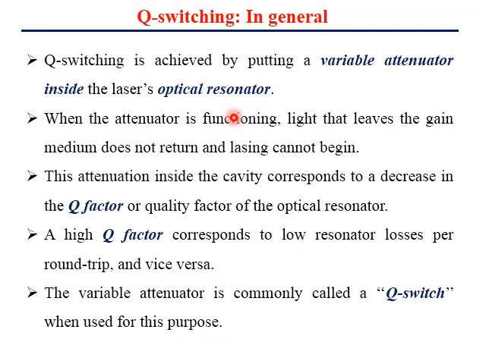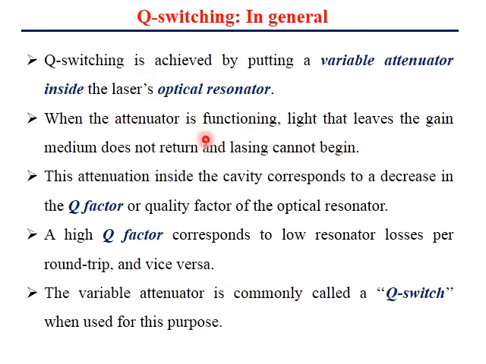Although there are different ways of obtaining a Q switched pulse, in general it is something like this. Q switching is achieved by putting a variable attenuator inside the laser's optical resonator. When the attenuator is functioning, the light that leaves the gain medium does not return and lasing cannot begin.